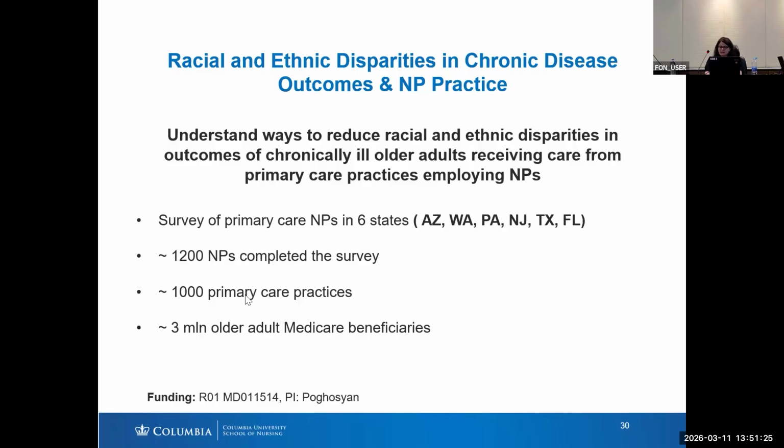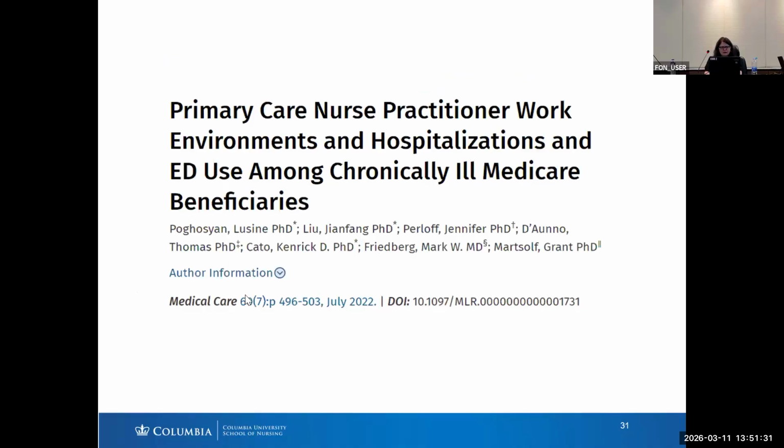And we have multiple studies about that, where we show that if you improve the work environment of nurse practitioners, then you're able to reduce hospitalizations and emergency use among chronically ill older adults, Medicare beneficiaries, these are people who are 65 years and older, because NPs are involved a lot in chronic care delivery.